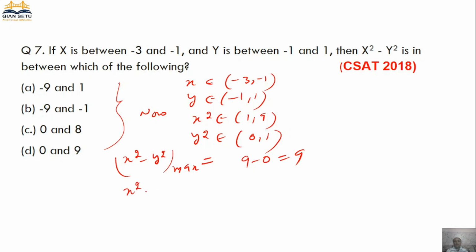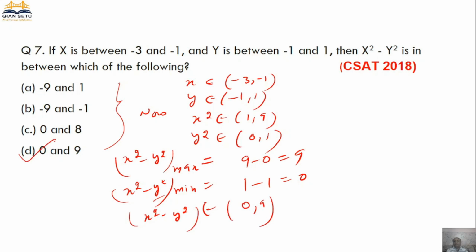Now x square minus y square is minimum when x square is minimum, that is 1, and y square is maximum, that is 1, giving 0. So the value of x square minus y square can be from 0 to 9. So the right answer is D here.